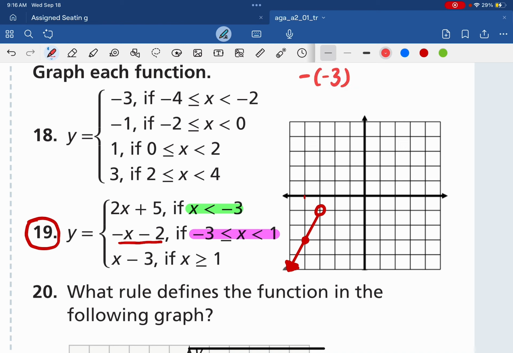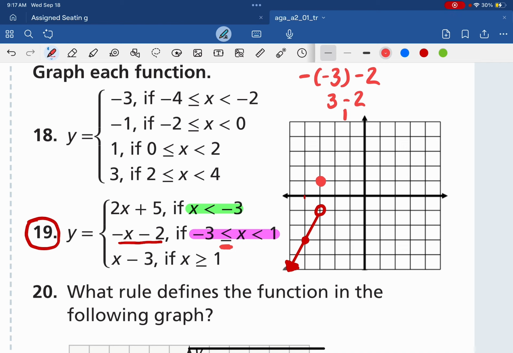At -3, my function has a y value of 1. Now, because x is greater than or equal to -3, I'm going to put a closed circle at this point, because that means that it is included in this piece.